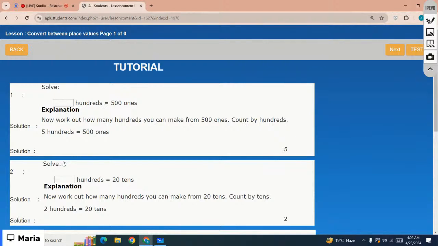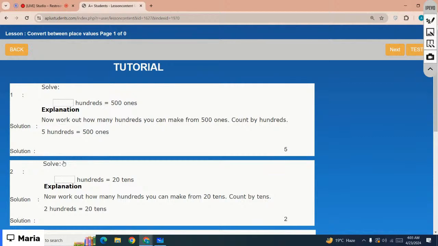So you have 500 ones. How many hundreds do they have? They have five hundreds, right? Because when you have 500 ones, that means the hundreds you have is 5. You have 500s, right? The next one is 20 tens.